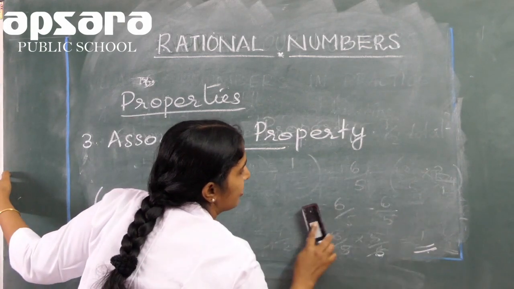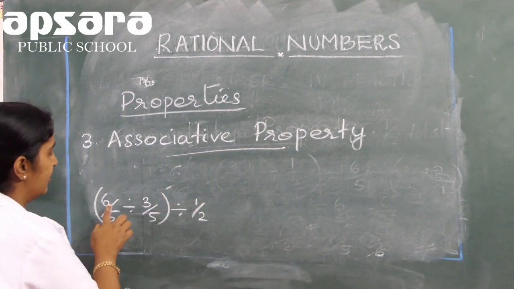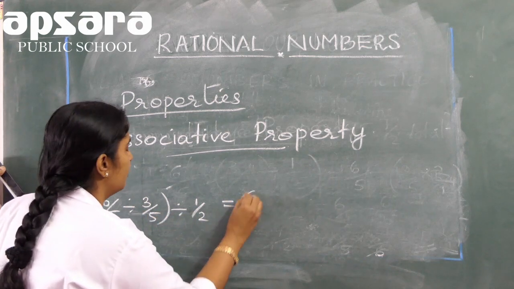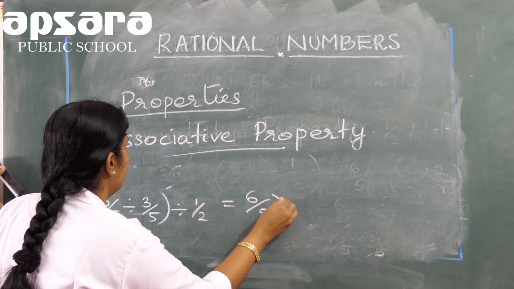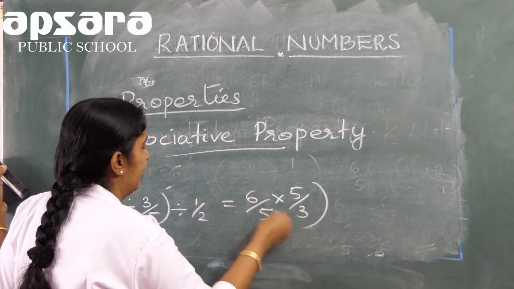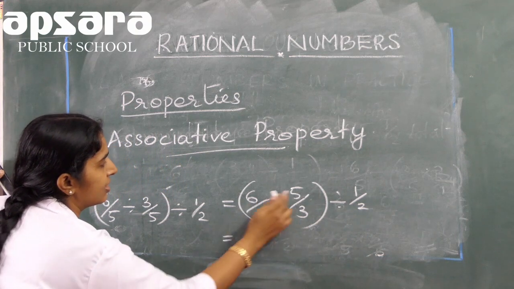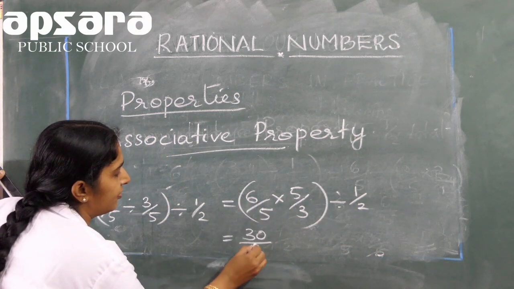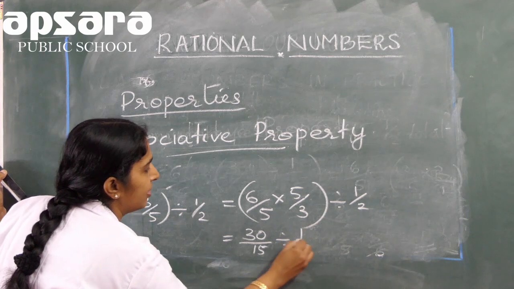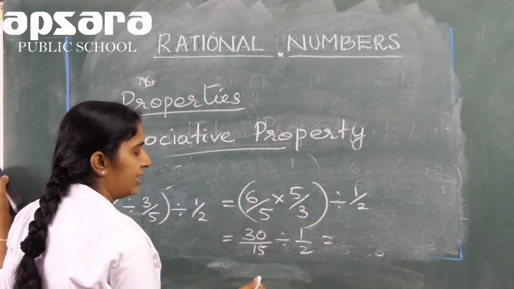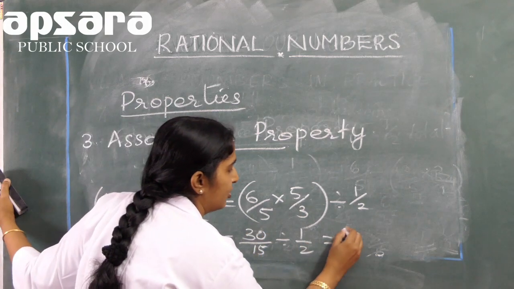Now let us see it the other way. 6 by 5 divided by 3 by 5 divided by 1 by 2 is equal to 6 by 5 into 5 by 3 divided by 1 by 2, which is 30 by 15 divided by 1 by 2. 30 by 15 is 2 by 1.